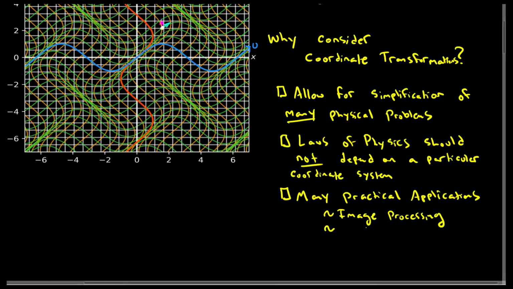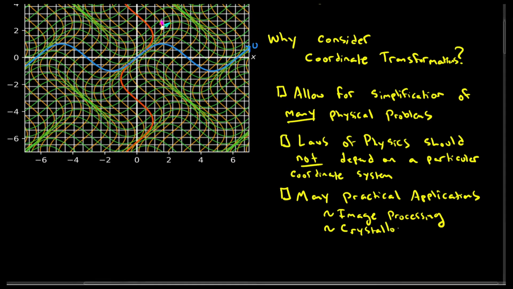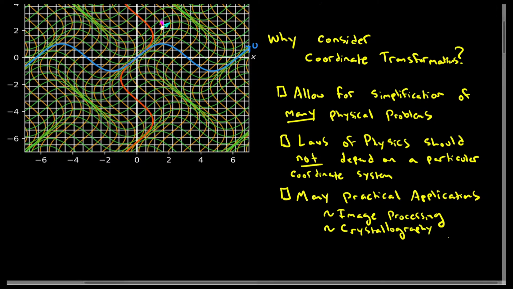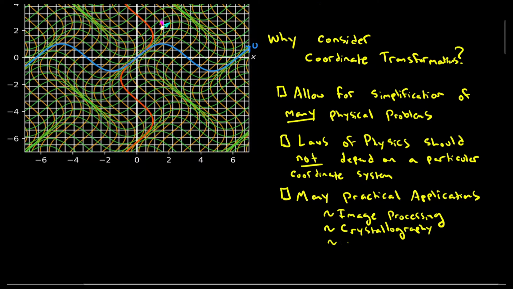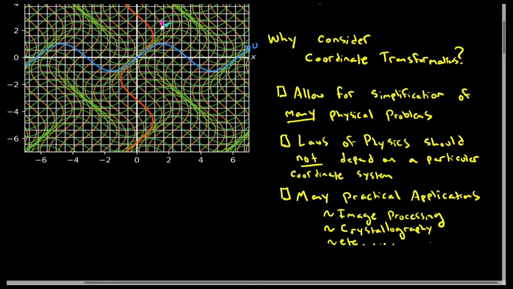There are many practical applications. I could write down all of the different applications here, but that would take a very long time. An application that we'll focus on is image processing.